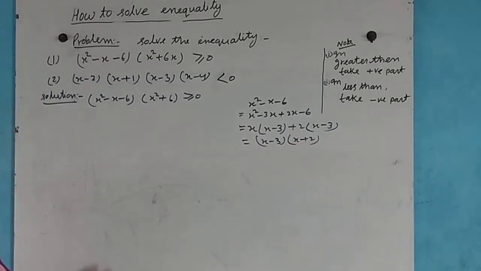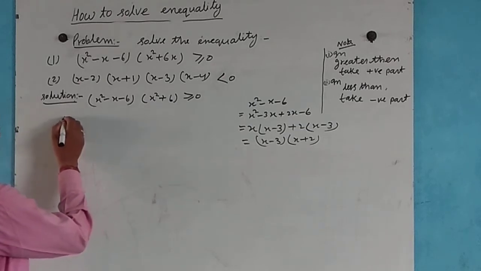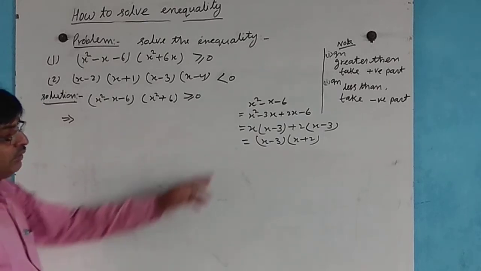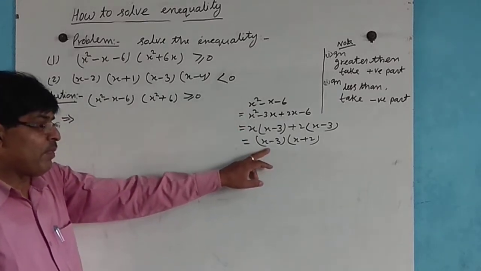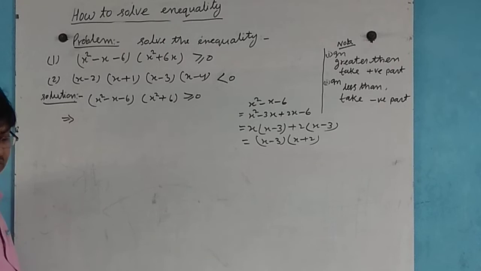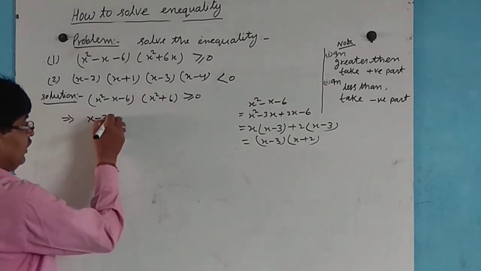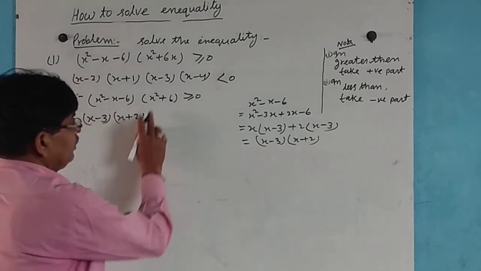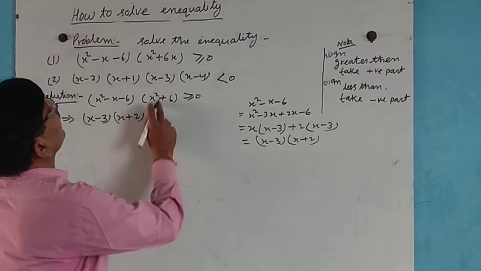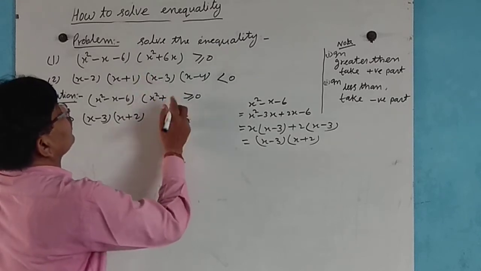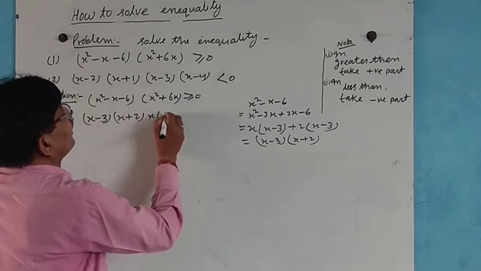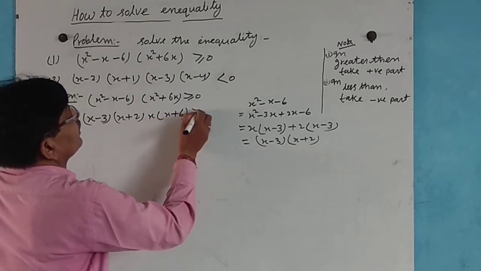Now put this value in x square minus x minus 6: x minus 3 and x plus 2, x minus 3, x plus 2, and here x square plus 6x is x, and here x plus 6.